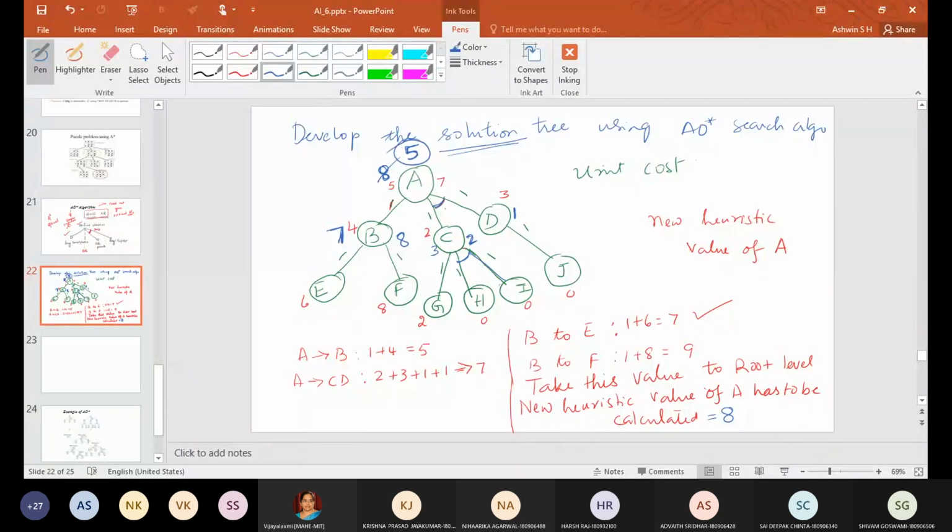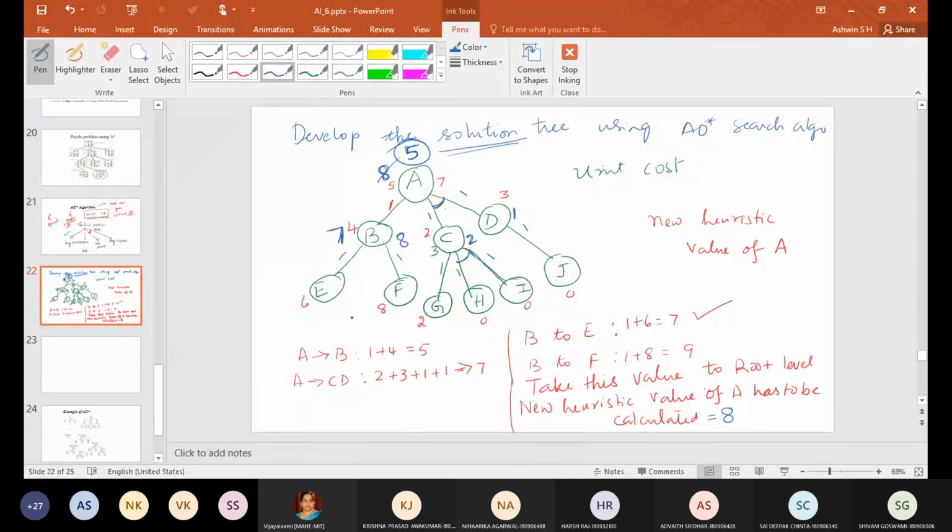Okay. This is how you calculate the solution tree for a problem when you are given like this with the AND logic, and of course this is the OR operation. So if it is given like this, in this way you have to calculate the heuristic value. You have to first explore the paths, you have to select the minimum.